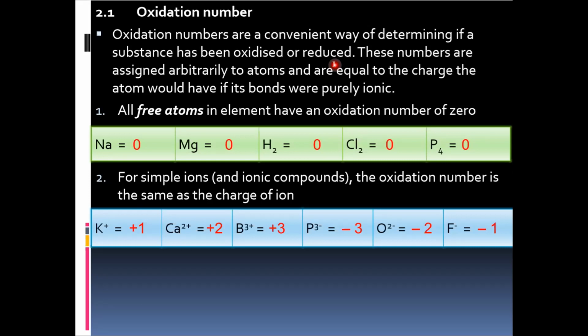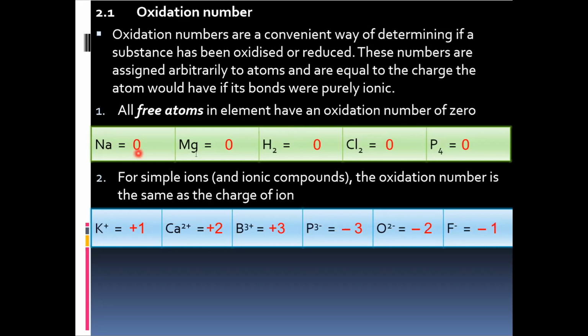Now, some very important things you need to know is that for all free atoms in elements, they have an oxidation number of zero. Whenever you see a free atom, if I write a chemical equation and I put an atom without any charge, that's what I mean by a free atom. You can see this is a sodium element now. It's a free atom of sodium without any charge. It means that the oxidation number would be 0.